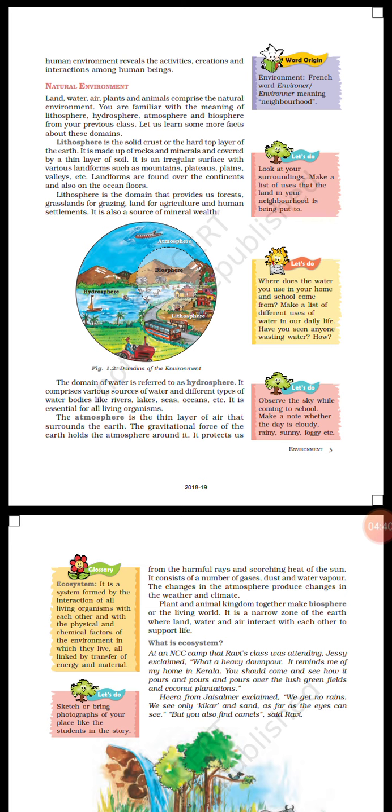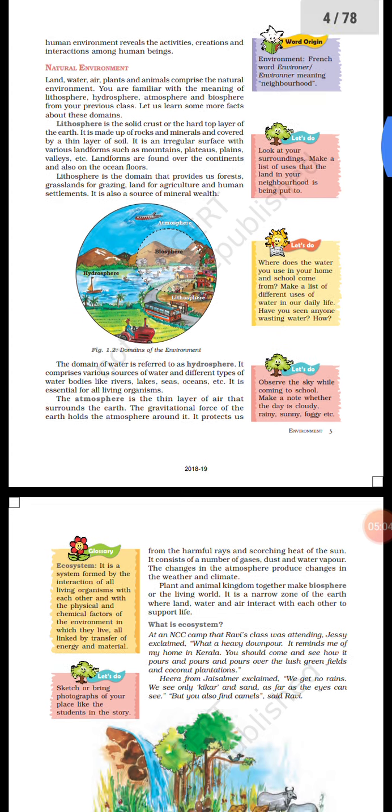There could be ecosystems of a large rainforest where most of the animals live, grasslands where most of the animals are able to graze, deserts, mountains, lakes, rivers, oceans, and even a small pond also.